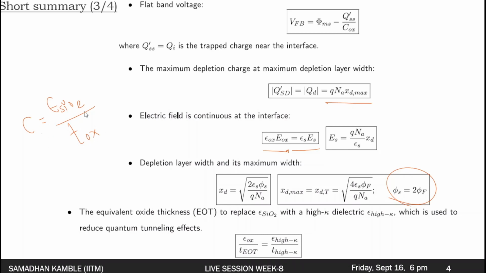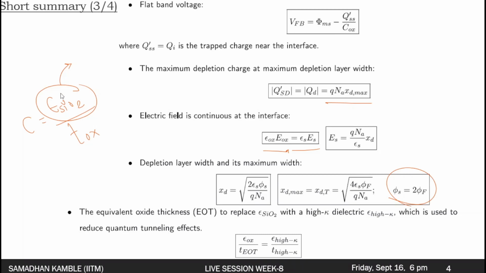So this Tox brings us some limitation to improve the capacitance. What we can do is look at the numerator, which is the epsilon for the oxide, and try to increase it, but this is fixed for a particular oxide.